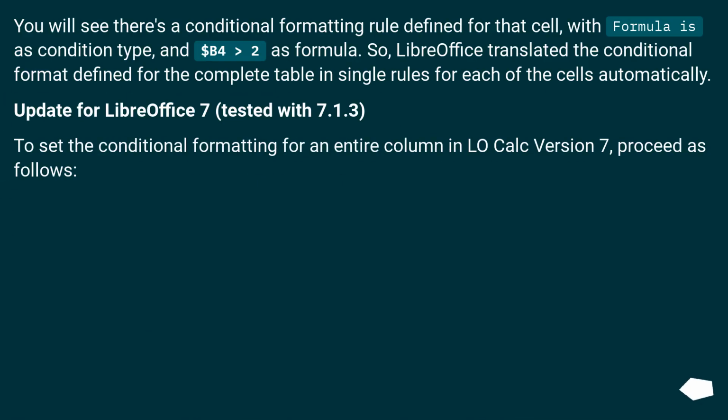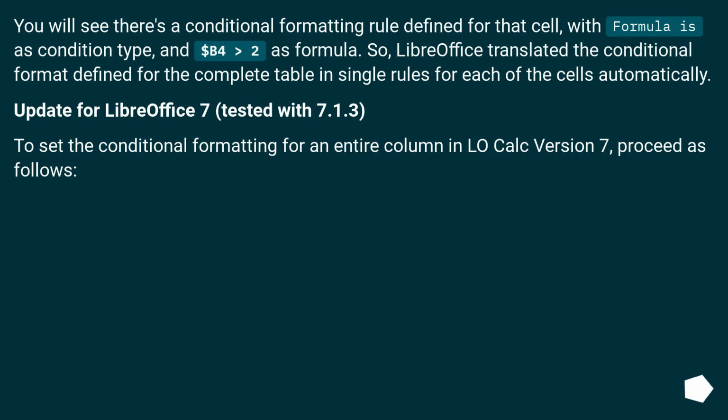You will see there's a conditional formatting rule defined for that cell, with formula is as condition type, and $B4>2 as formula. So, LibreOffice translated the conditional format defined for the complete table into single rules for each of the cells automatically. Update for LibreOffice 7, tested with 7.1.3.